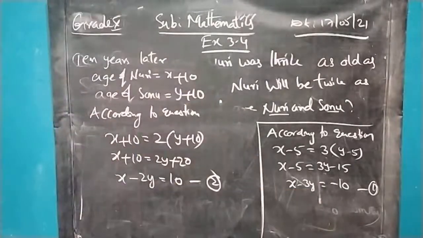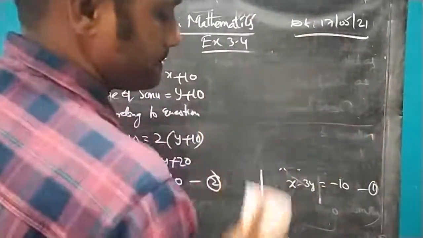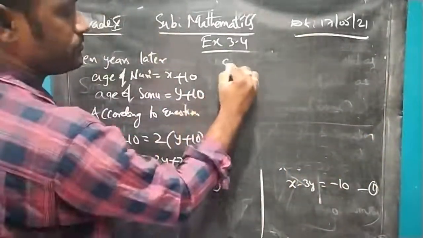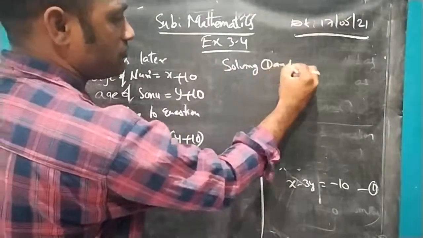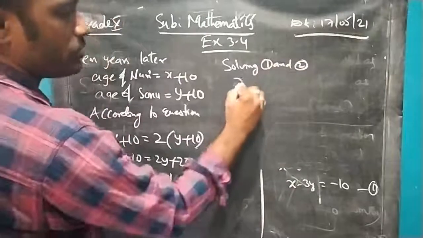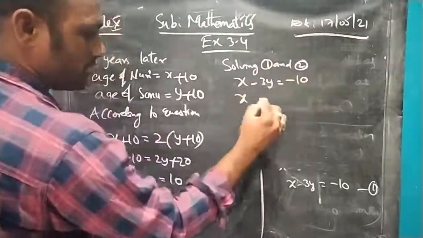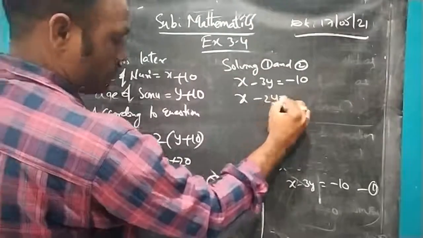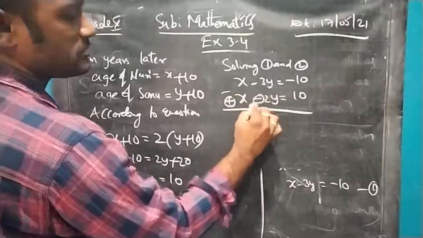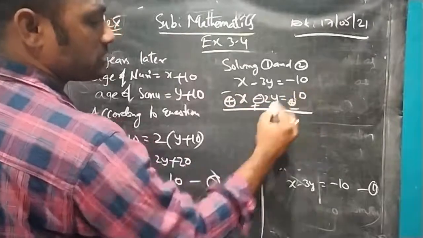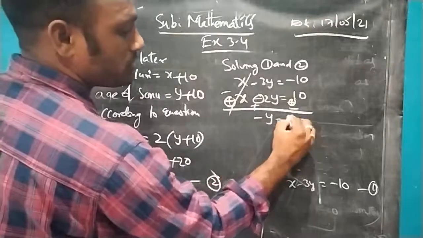So let us solve this. Solving 1 and 2. X minus 3Y is equals to minus 10. Second equation, X minus 2Y is equals to 10. Let us change the signs, minus will become plus, plus will become minus. So X gets cancelled, here it is minus Y is equals to minus 20.